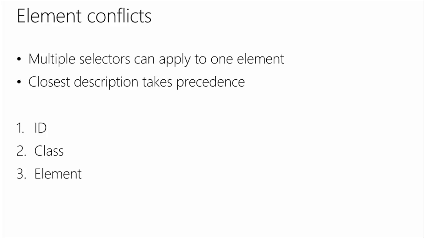The best way to describe this is whatever best describes the element. If I say globally, I want all div tags to be something, that's going to apply first. And then if I say I want a particular class to be something, that's going to apply second. And then the ID is going to apply third. Again, last right wins. Or the more positive way: ID is more important, and then class, and then element.